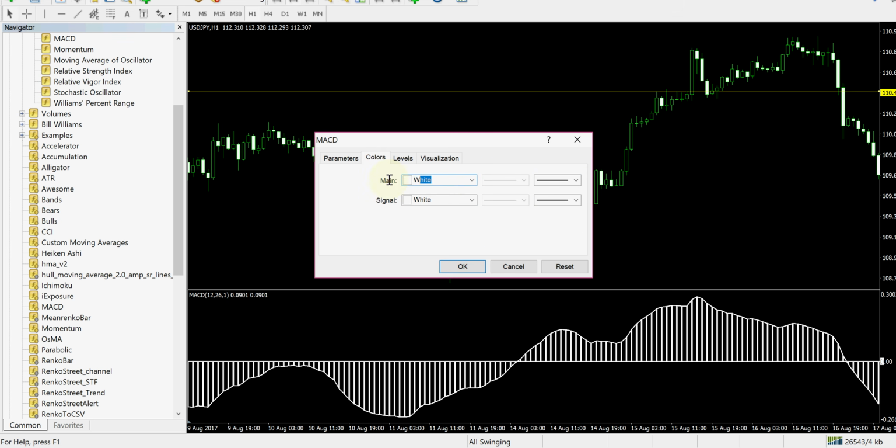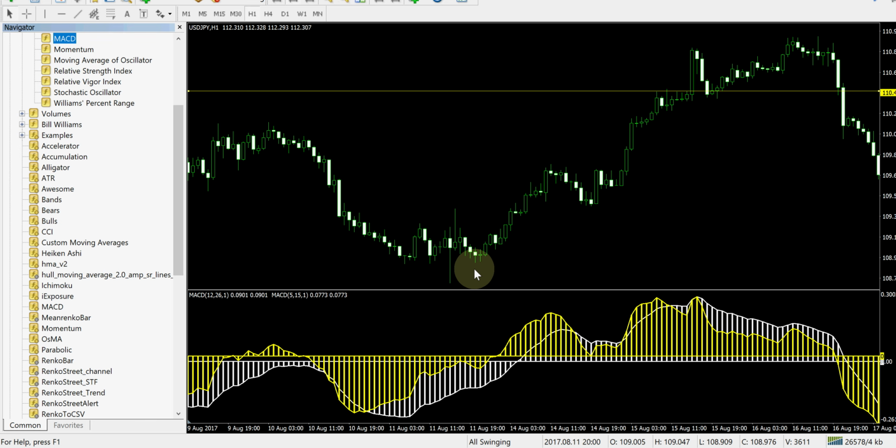For the color, we want yellow for the smaller MACD, and we have the 0 level as well, and we make it a bit thick. That's it. Now we have our two MACDs together.